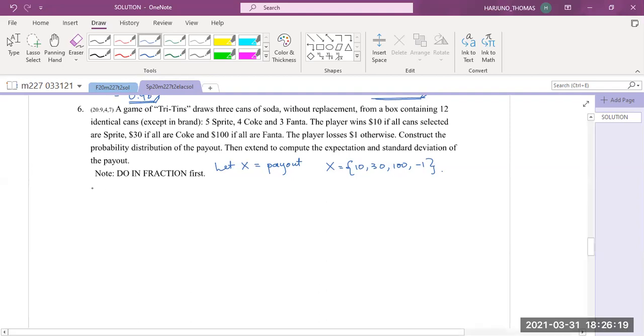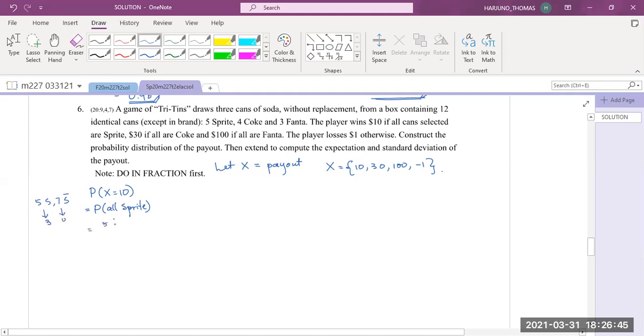Now let's compute the probability. Probability that the payout is 10, which means the probability that all are Sprite. We have 5 Sprite and 7 not Sprite. You need to select 3 from here and nothing from here.